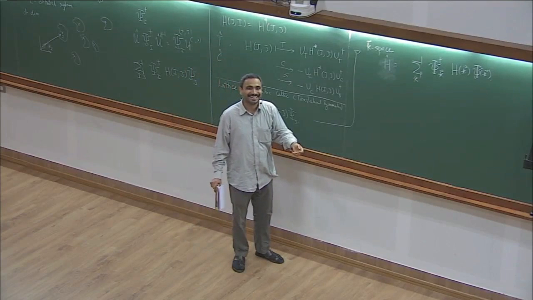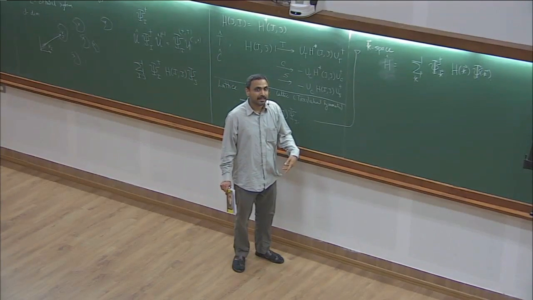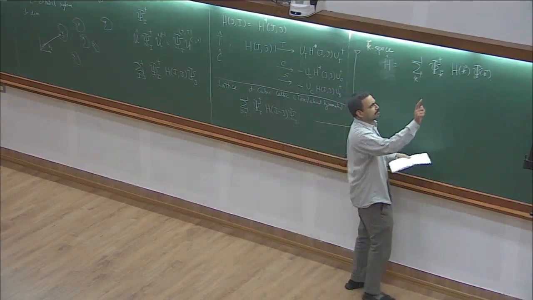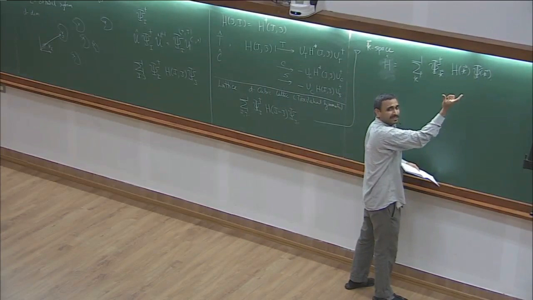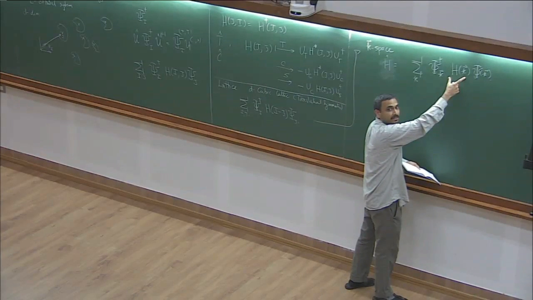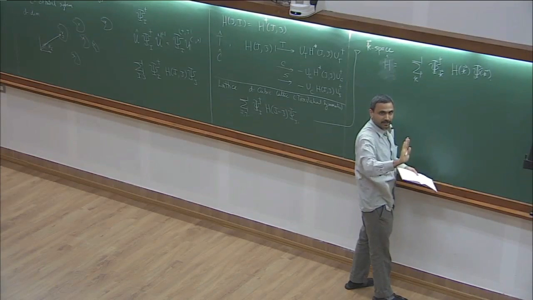Nothing? No, let me just ask you this. What do you think this object is? What is the structure of this object? It's an L by L matrix. We are on the same page, right?